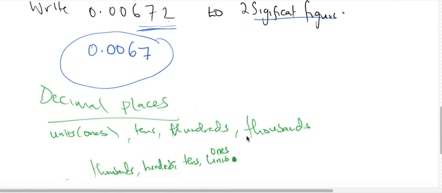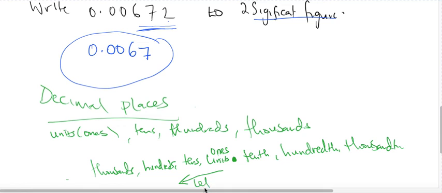But after the dot, we have tenth, hundredth, thousandth. Then they continue. The difference is, after the dot we don't have units, but before the dot we have units, and you name them moving to the left. These ones after the dot are named to the right, unlike numbers without a dot.